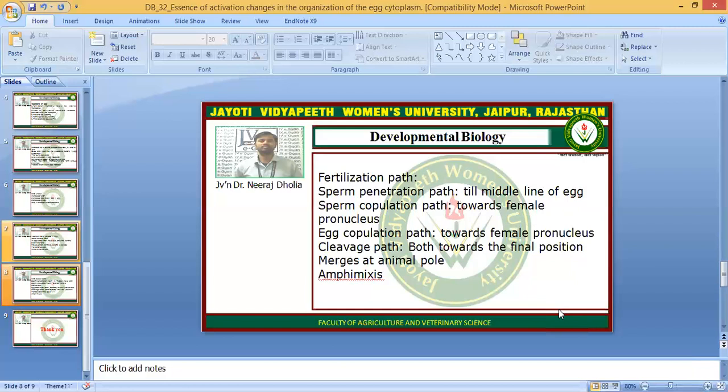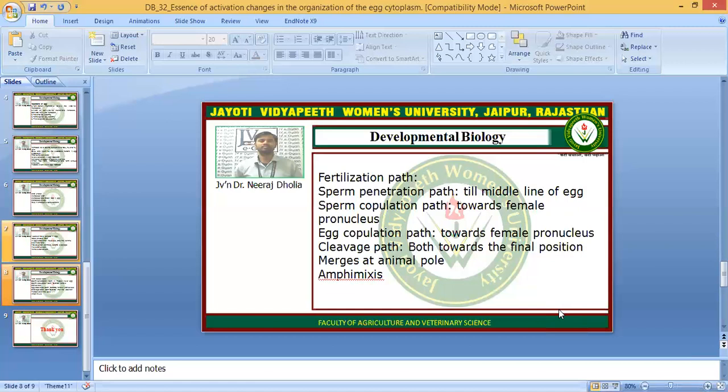Second is the sperm copulation path, in which the male pronucleus goes towards the female pronucleus. Third is the egg copulation path. In this path, the female pronucleus traverses towards the male pronucleus. And finally, a cleavage path is also there.